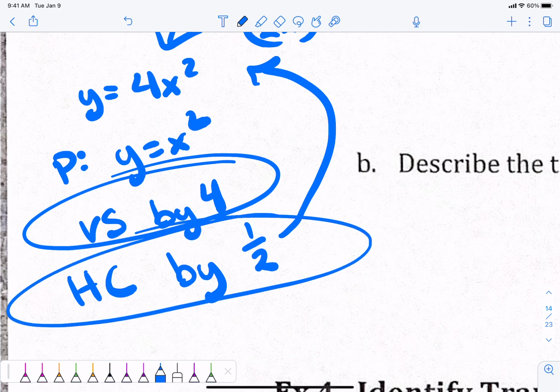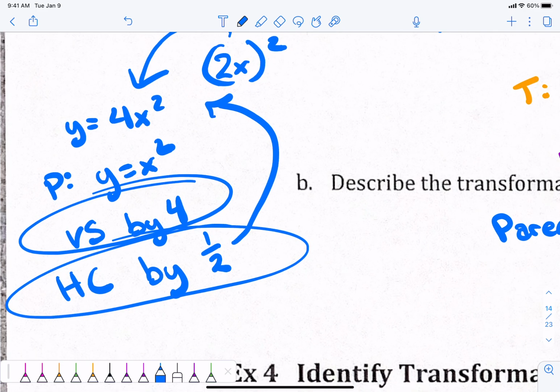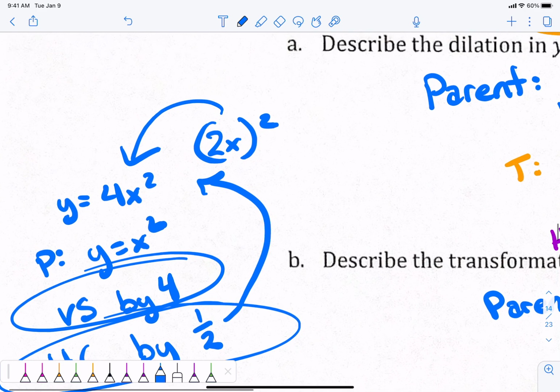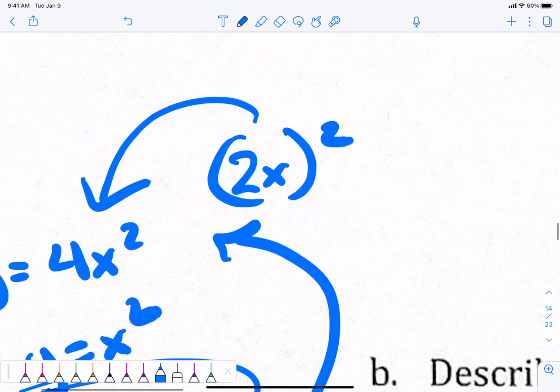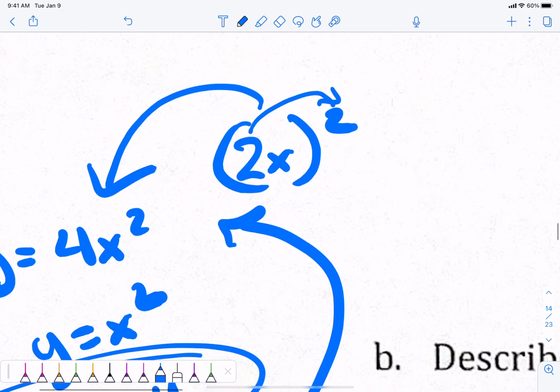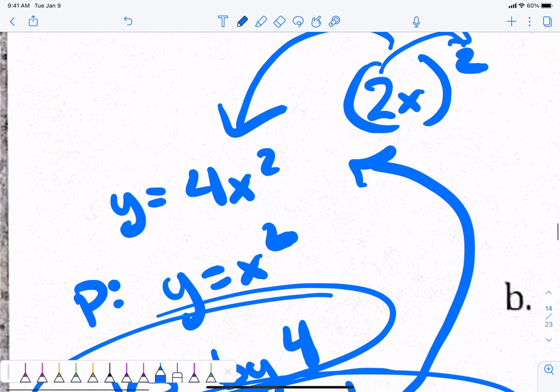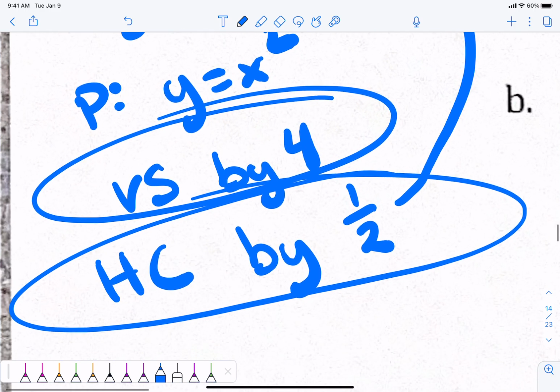It's 1/2 instead, because you end up squaring it, right? Okay, if that was confusing, don't listen. If that was okay, then there you go. Why did you make it a half? Because when you plug it into the formula, you make it a 2, but it ends up having to be squared because that's the parent function, right? And (2x) squared will be the same thing as 4x squared. So those two are equivalent to each other, even though they're not the same number, right?